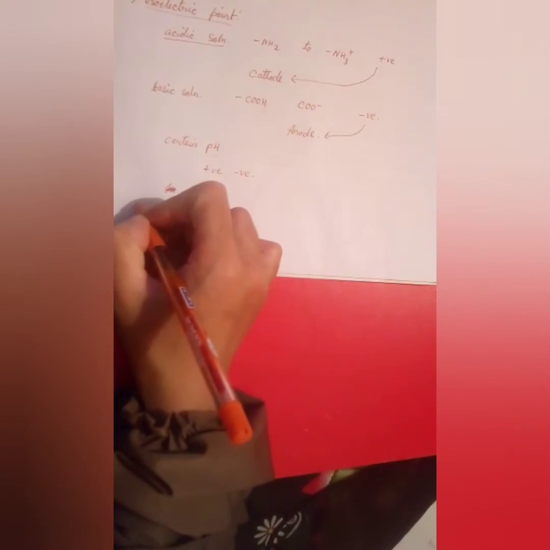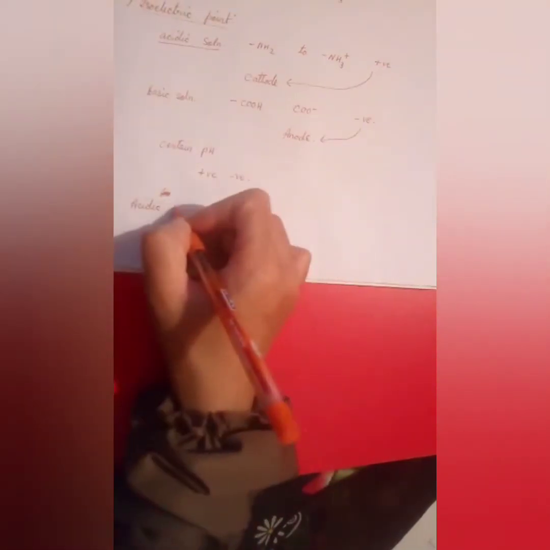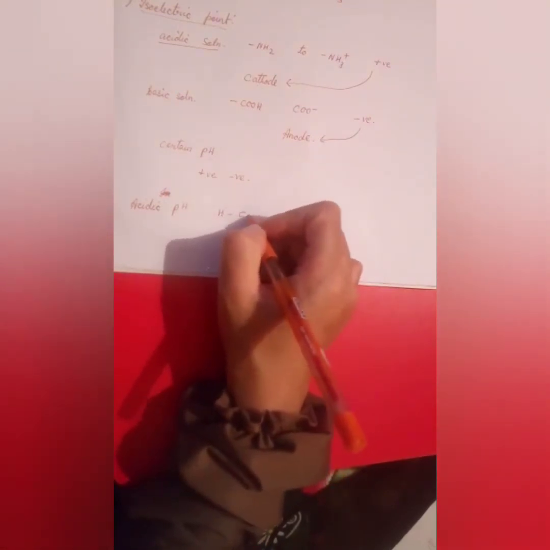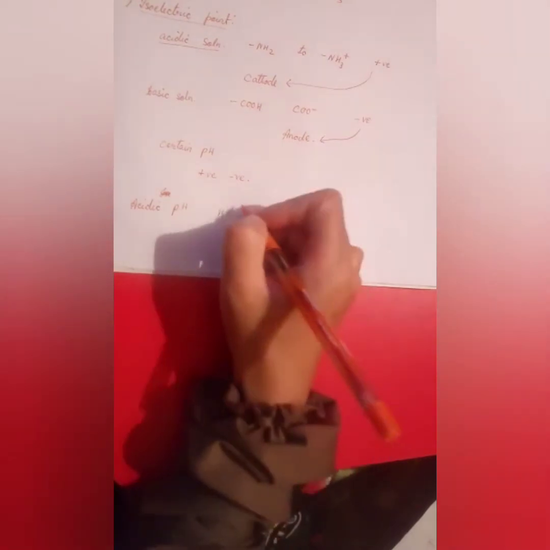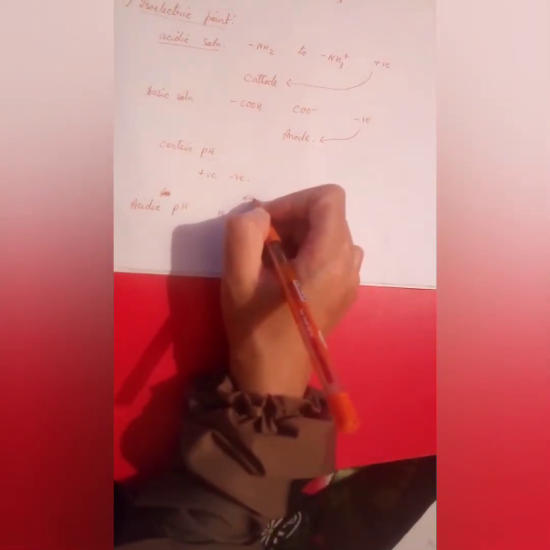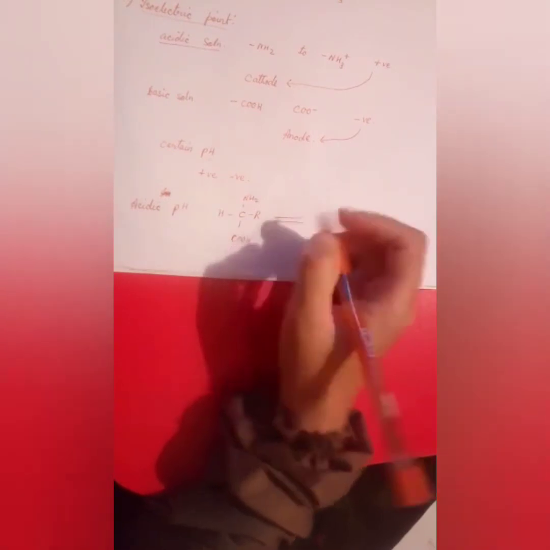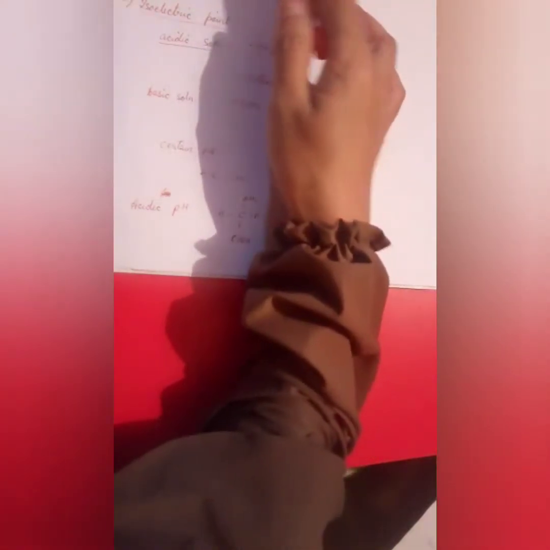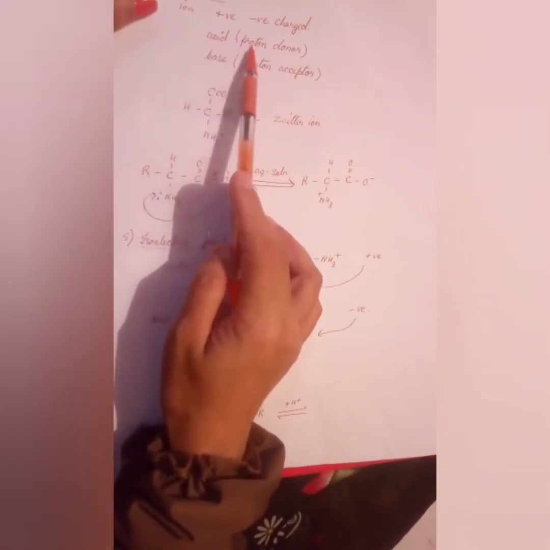Now in case of acidic pH, suppose this is the amino acid, with COOH and NH2. In acidic solution, we have an extra proton, because we know that an acid is a proton donor.